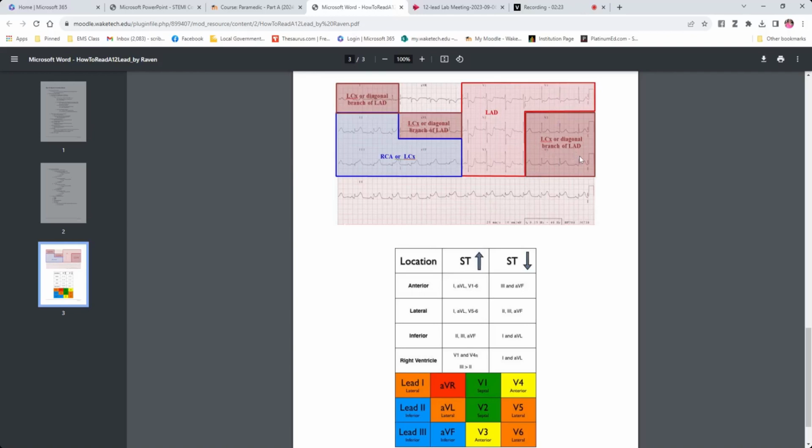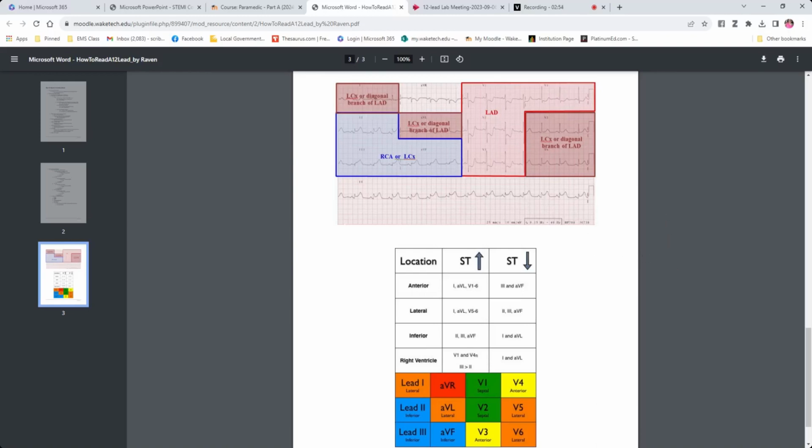So if you have an inferior lateral MI, then you're reading the left circumflex as affected. At the bottom, you've got your inferior leads. So these are the arteries that feed whatever part of the 12 lead you're reading. You need to understand these arteries and how these arteries work on a 12 lead.